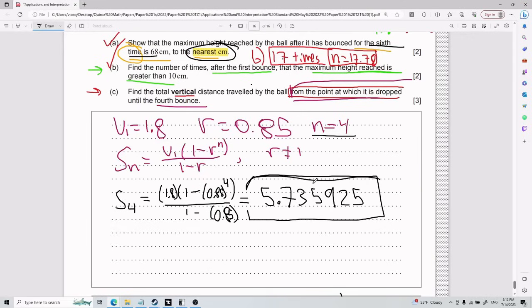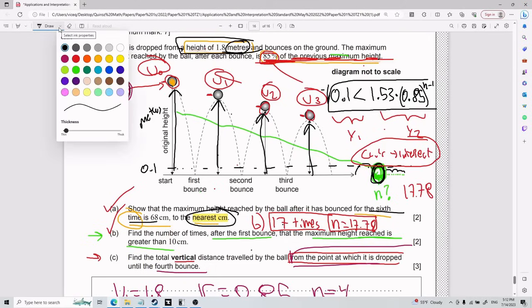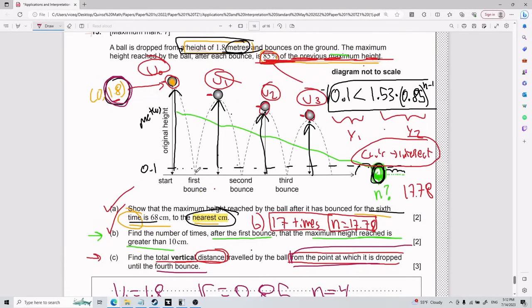Now, here's something kind of weird. These terms are basically adding this height. But what we need to understand is that that height is traveled twice, because we're talking about vertical distance. That height is covered here and it is covered here. Both of those are vertical distance.